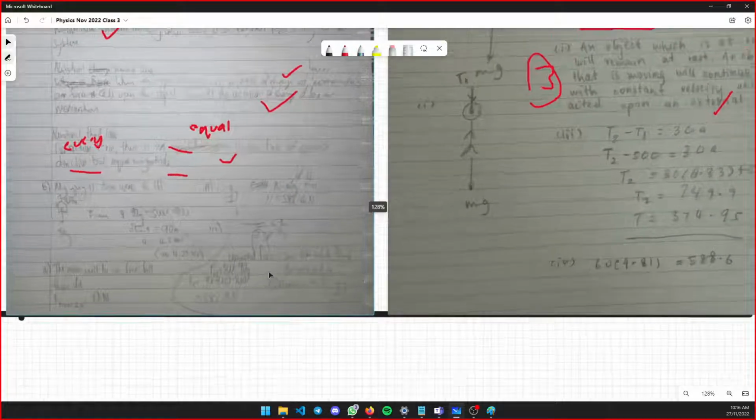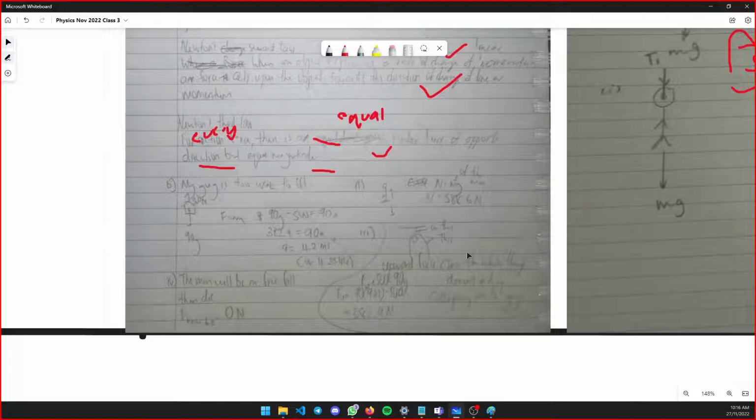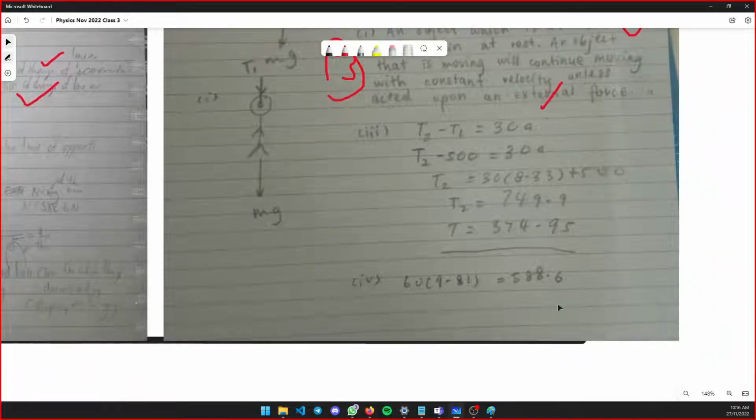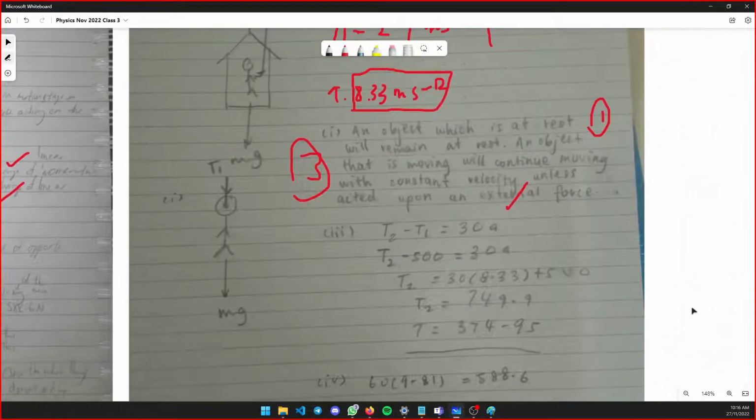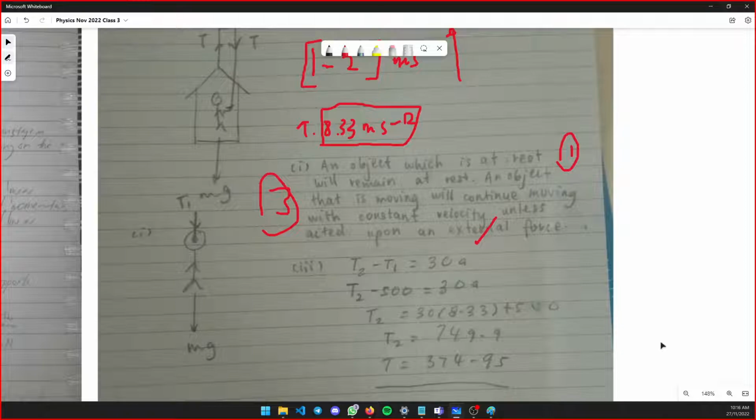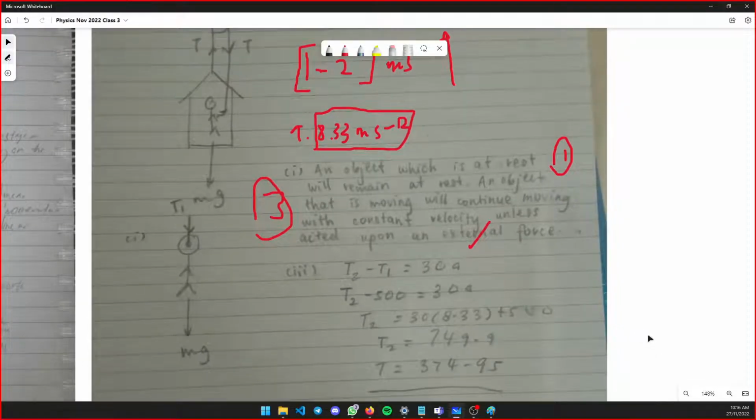You guys get the answer? No, you got 588.6. Both got 588.6. Oh, is it because both of you did 500? Okay, I'll look into both of your answers later.